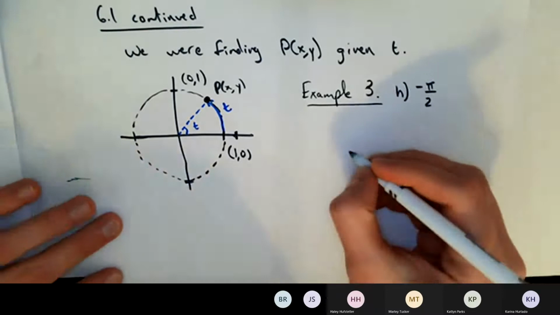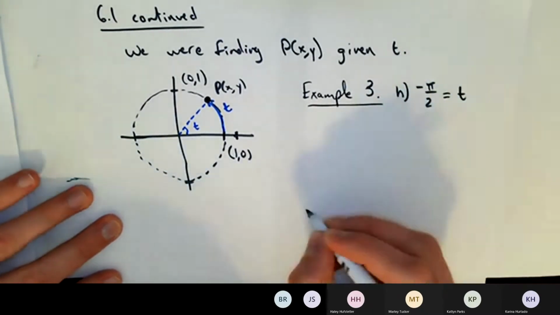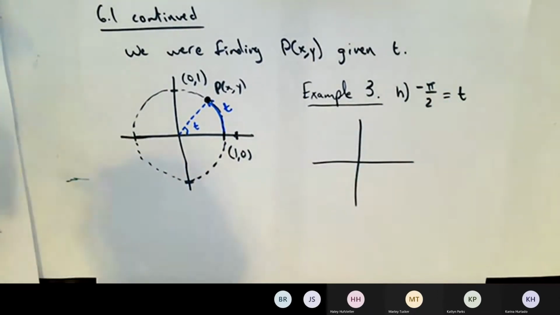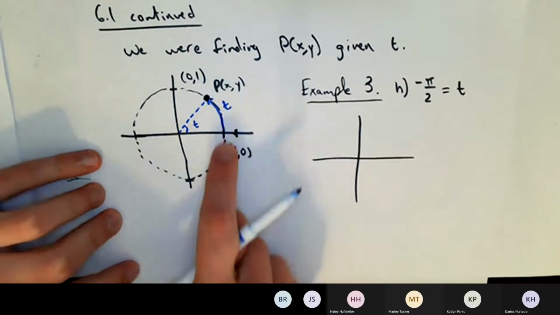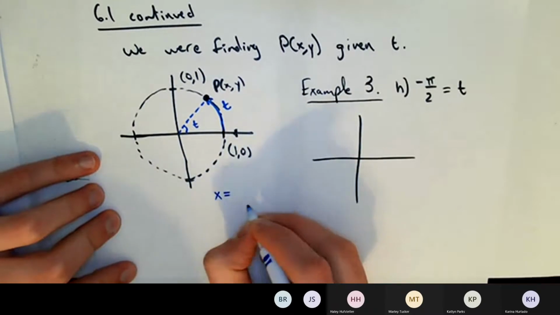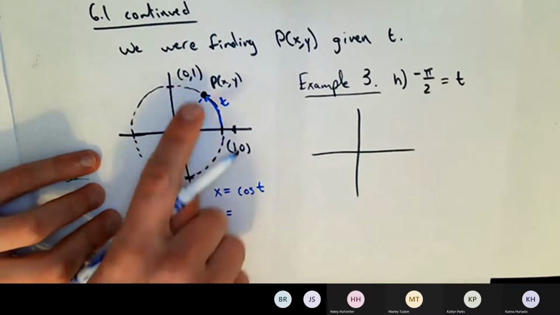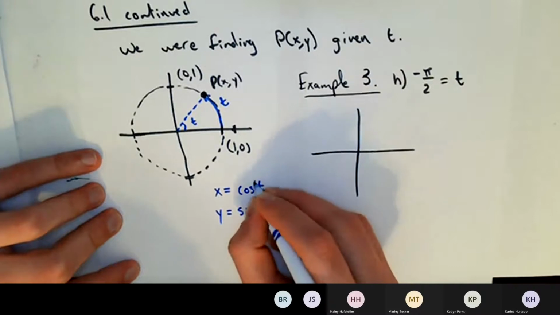So this is t equals negative pi on 2, and I want to find the corresponding coordinate point. The big idea was that on the unit circle, for a given angle t, the x coordinate is cosine of t, and the y coordinate is sine of t.